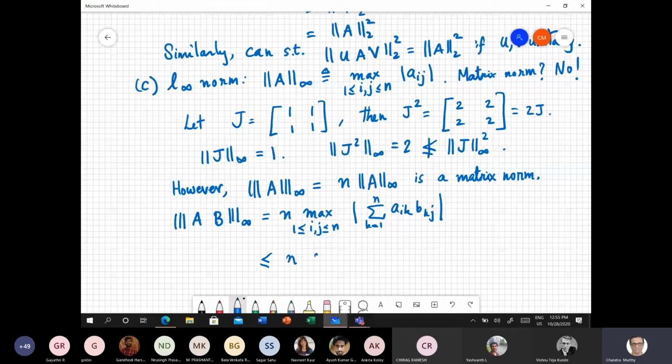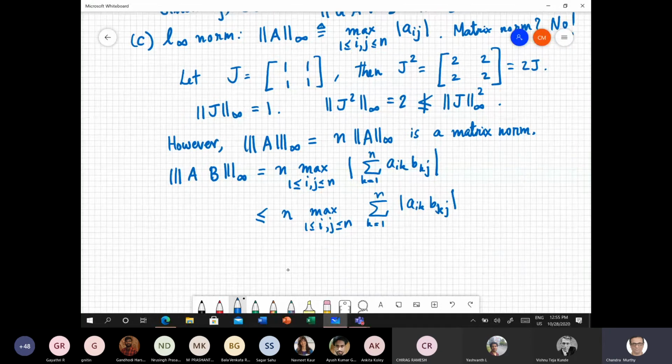So it is less than or equal to n max over 1 less than or equal to i, j less than or equal to n of sigma k equal to 1 to n mod a_ik b_kj, and that in turn is less than or equal to, so what I can do is replace all these a_ik with the largest magnitude entry in the entire matrix.